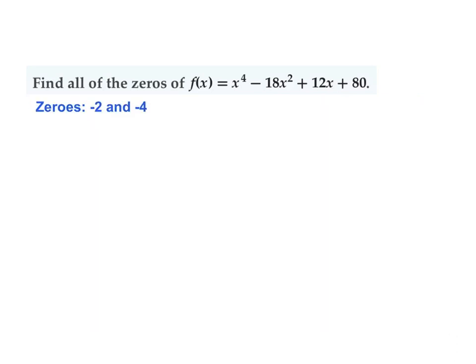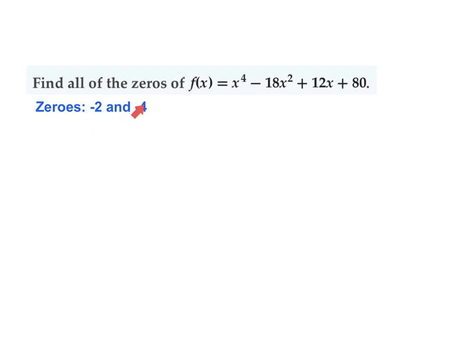So I have these zeros, -2 and -4, and the associated factors are x plus 2 and x plus 4. That's where these solutions come from. Remember that the binomial and the solution will always have opposite signs. The factor for this is x plus 2, the factor for this is x plus 4.